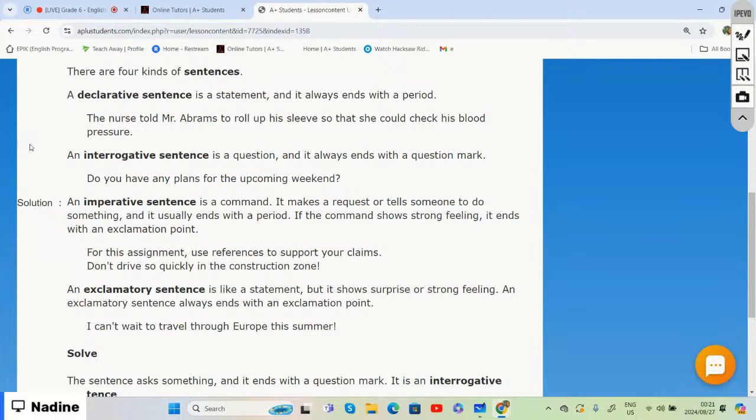Then we have an imperative sentence, which is a command, right? It's where you make a request or tell someone to do something. That is an imperative sentence. And it ends with a period.